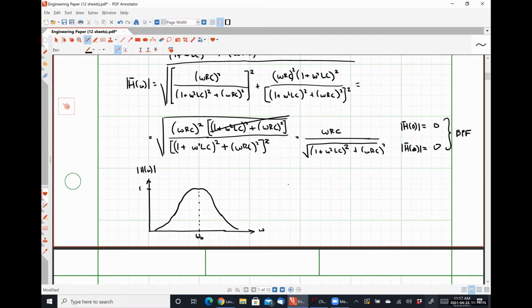So let's talk about that real quick. This is inherently a series RLC circuit, right? Because it's got a resistor, a capacitor, and inductor in series. So when we did transient analysis, what was the resonant frequency of a series RLC circuit? Yep. And so that is the exact same thing. So we have a resonant frequency at 1 over the square root of LC.